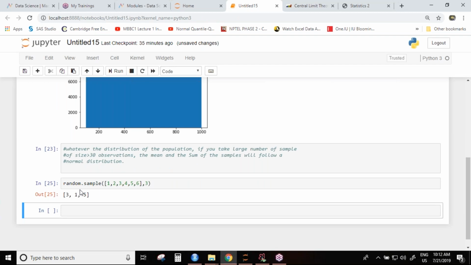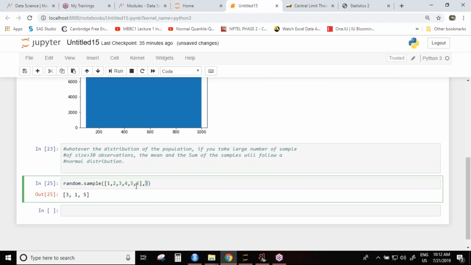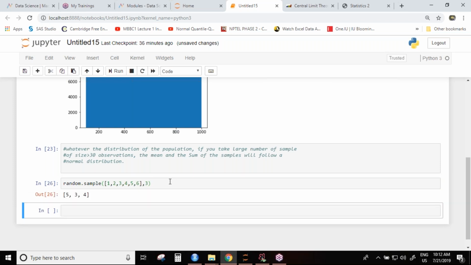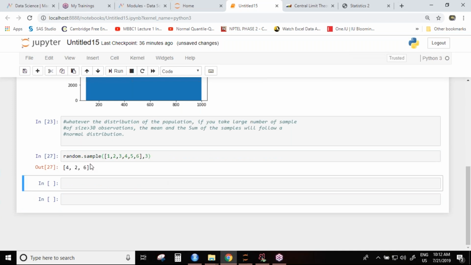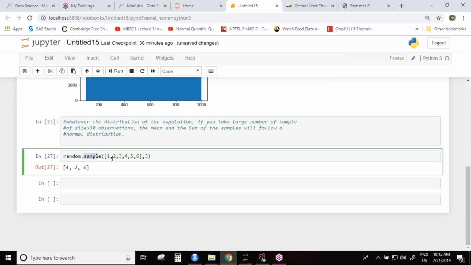First let's understand what the sample function does. I have written 3 here, so it will randomly select 3 values from the list I have given. It has selected 3, 1 and 5. If I run it again, it will give me some other 3 values. So random.sample selects as many values as you write as the second input from a population.